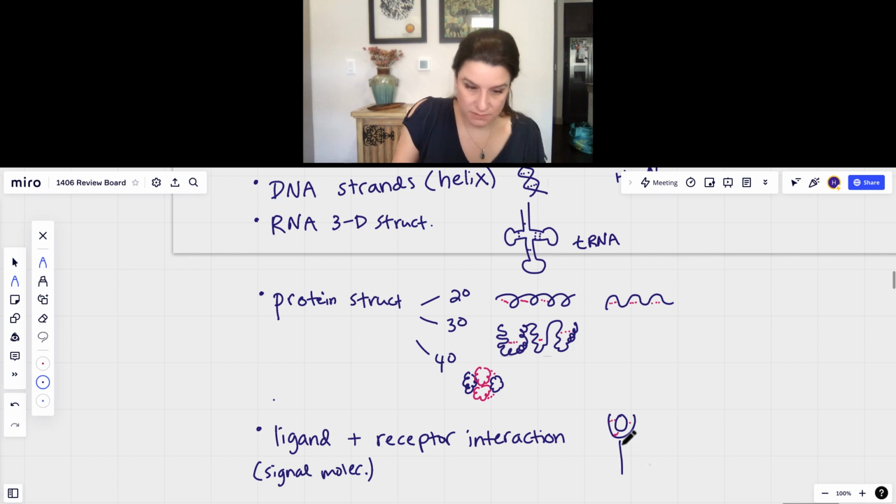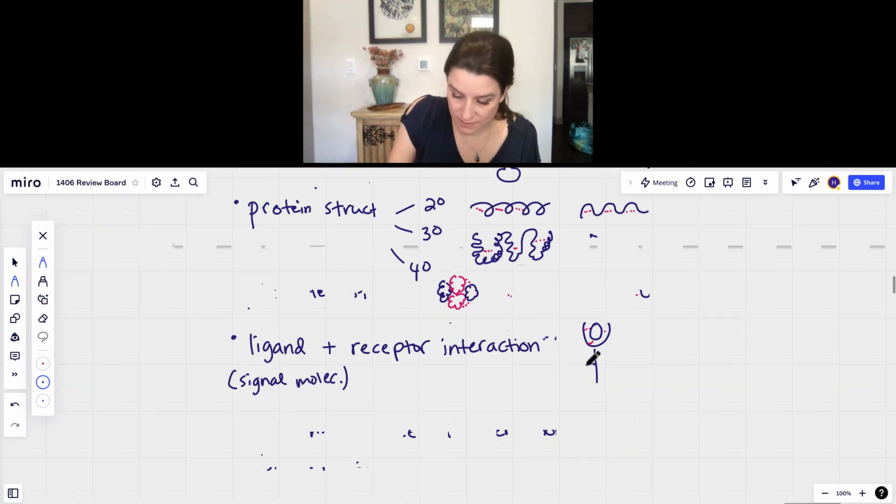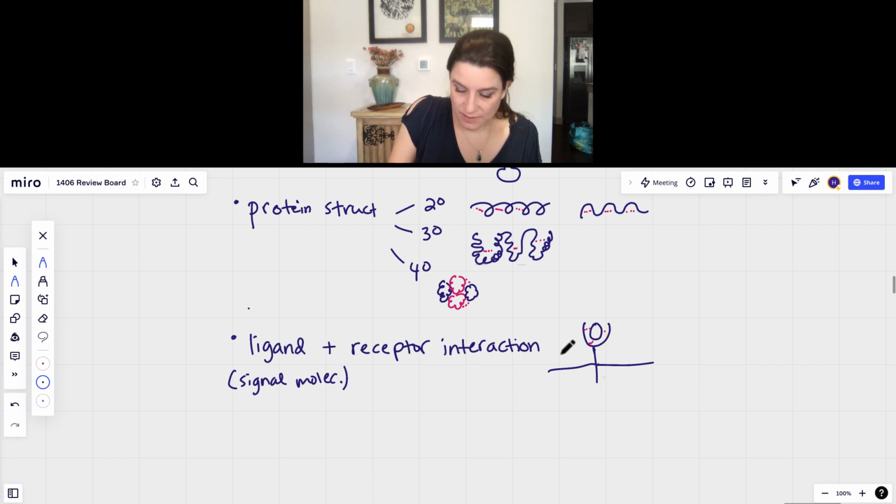Well, that's not to scale at all, but let's just do it like this. So that's a plasma membrane and the receptor is embedded in it. It's a protein. And the ligand is held in place in this receptor binding site by hydrogen bonds.